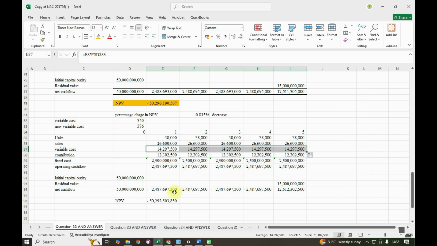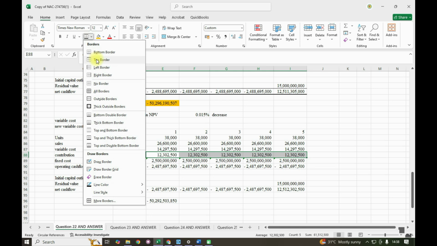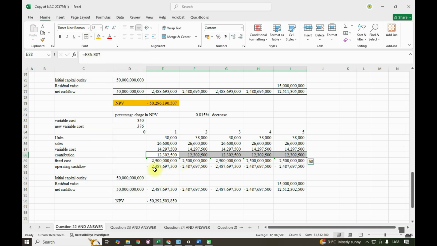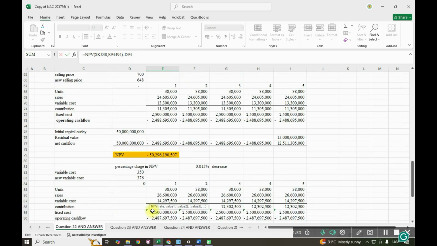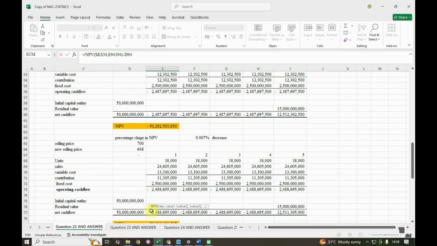So that one now becomes our variable cost. So the rest will remain because already the formulas are intact. The rest will remain, and we'll find that that will be our NPV.